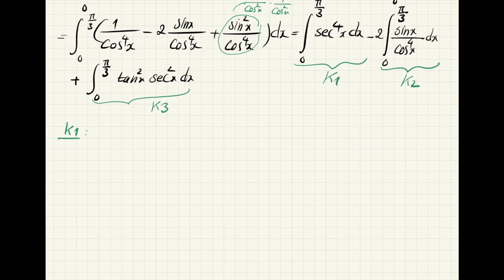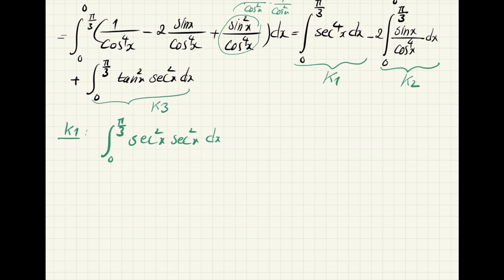How should we calculate k1? There might be different ways to do that, but one way is like this. I will write secant to the 4 as secant to the 2x, secant to the 2x dx. So instead of secant to the 4, I decomposed it into this product.